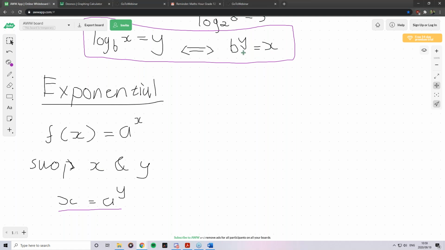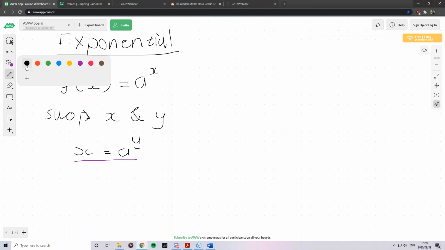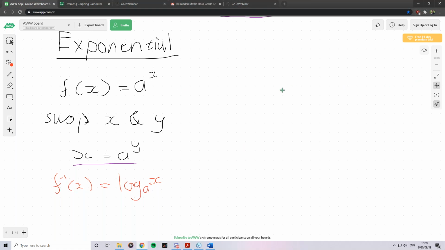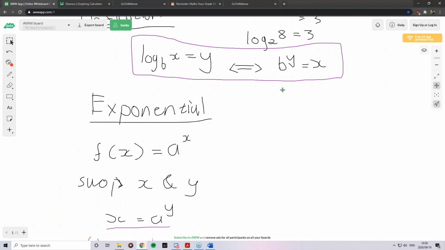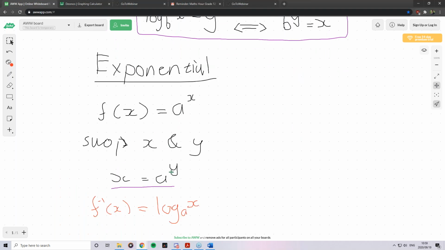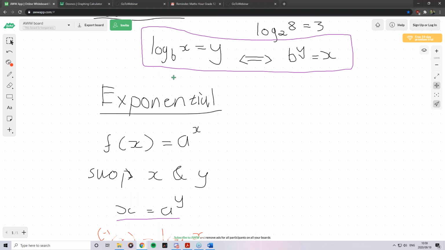If I have x is equal to a to the y, then that means that y is log base a of x. So I have that f inverse of x is just log base a of x. So this is how we get from this step here to the logs.